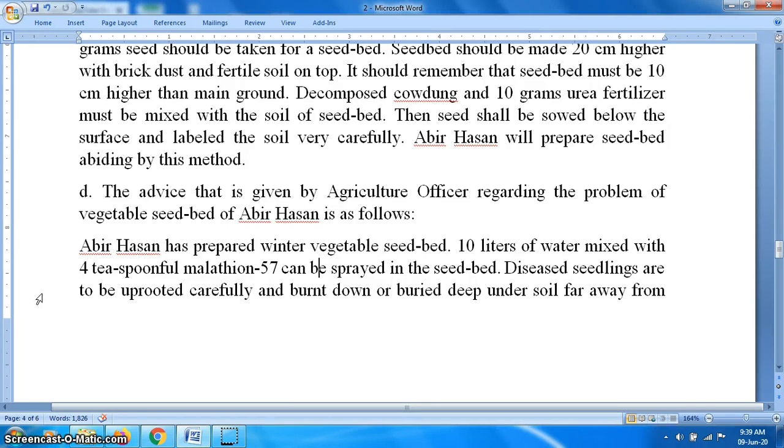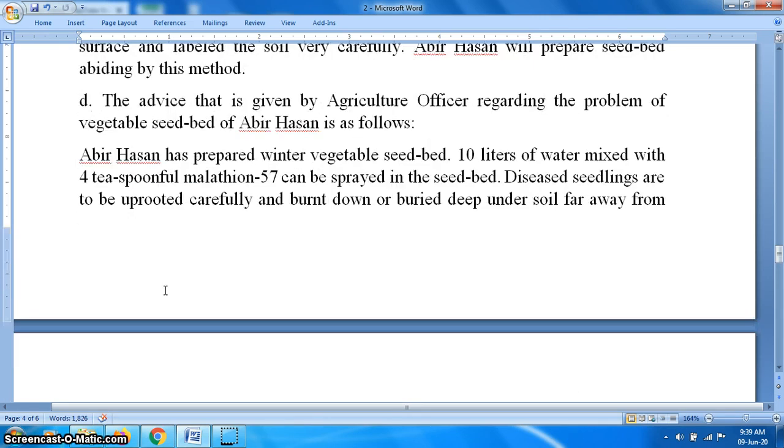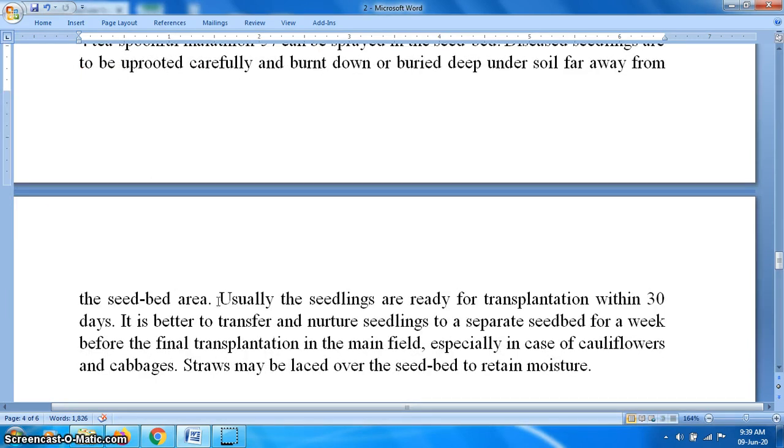Diseased seedlings are to be uprooted carefully and burnt down or buried deep under soil far away from the seedbed area. Usually the seedlings are ready for transplantation within 30 days.